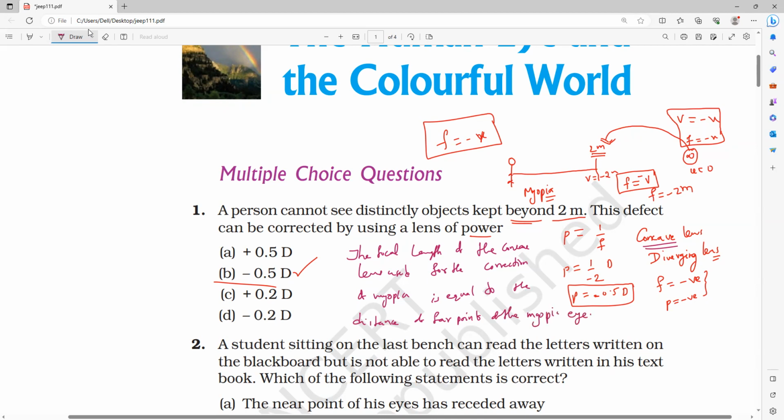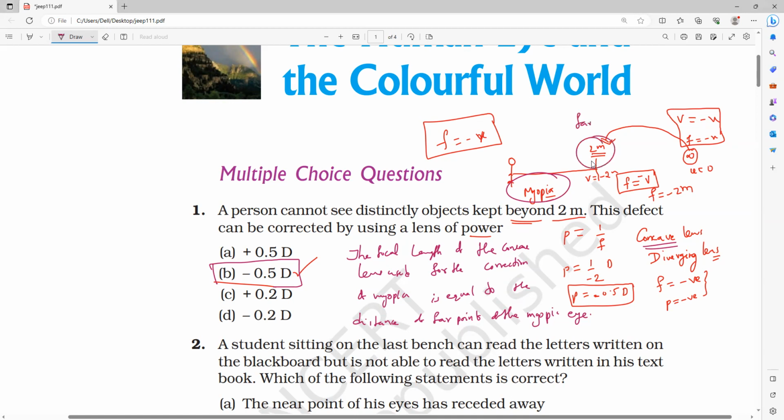Myopic eye. Okay. If it comes as an MCQ, you have to go through it very fast. What is the first thing in numericals? You must be able to identify whether it is myopia or hypermetropia. If it is myopia, immediately your mind should say that focal length is equal to the far point of a myopic eye. So what is the far point of a myopic eye?